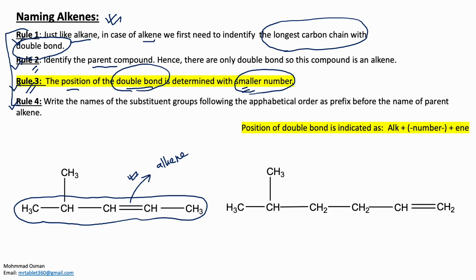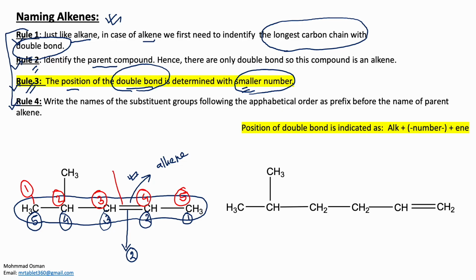Now what does it mean? Let me show. Let's number this carbon as 1, this carbon as 2, 3, 4, and this carbon as 5. Then this double bond gets a position of 2. Or we could start numbering from here: 1, 2, 3, 4, and 5.